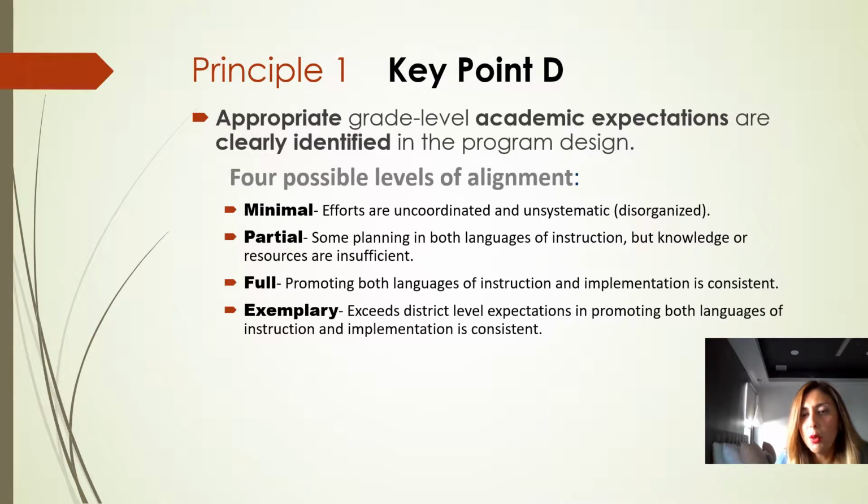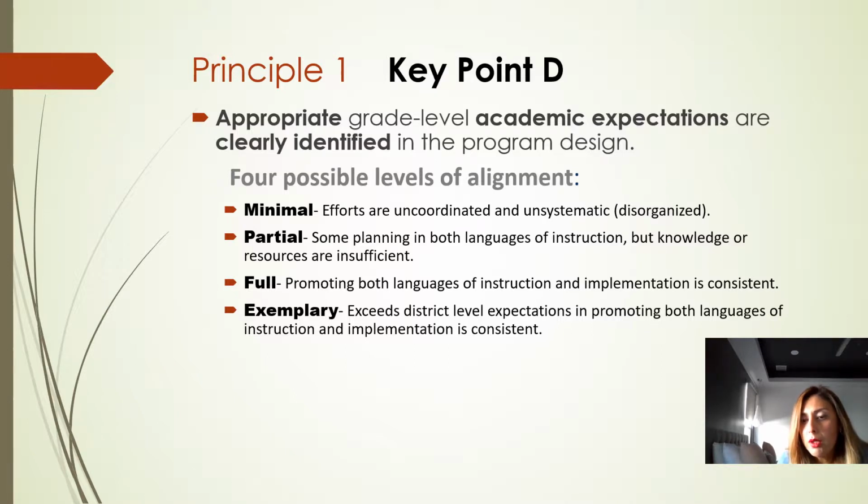Continuing with Principle 1, Key Point D, appropriate grade-level and academic expectations are clearly identified in this key point. And of course, there are four possible levels of alignment for the program. If you reach minimal, efforts are uncoordinated and unsystematic, meaning it's a disorganized effort.